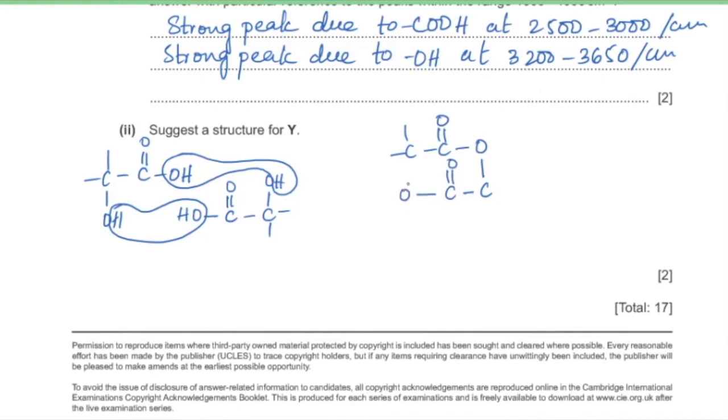So this O and this O is attached to this carbon atom. Now you need to give this structure the shape of a cyclic structure. So it will be C double bond O, then ester linkage, and then carbon atom again, where we'll again have an ester linkage. So this is the structure for Y.